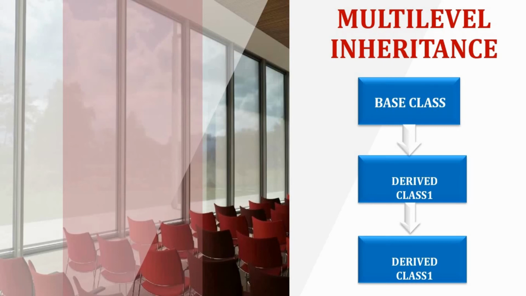This is an example of multi-level inheritance. And another type is hybrid inheritance, right? Which is a combination of any two inheritances. So this is a basic intro about inheritance. We can learn how to create a Java program using this inheritance, right?